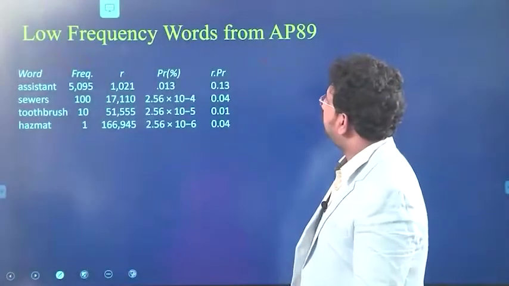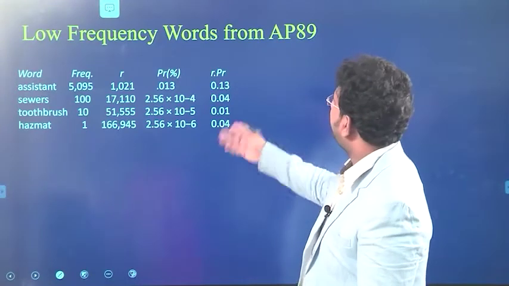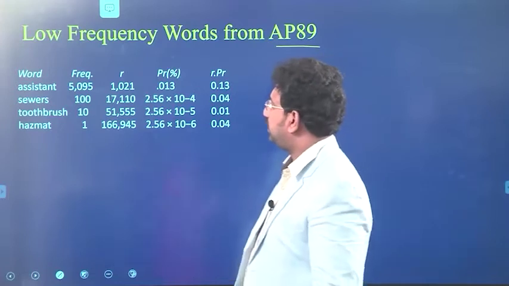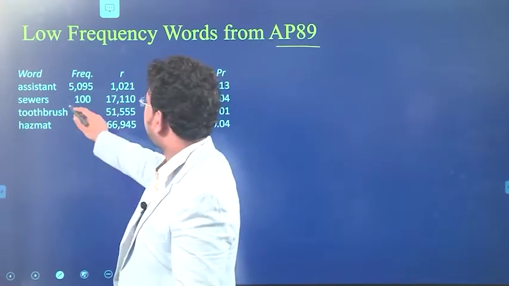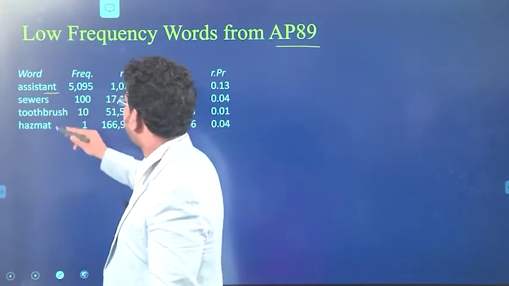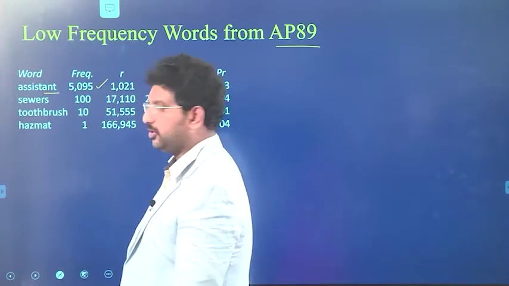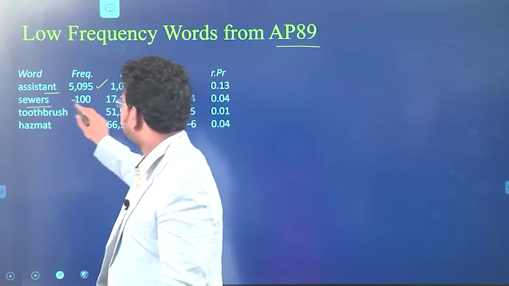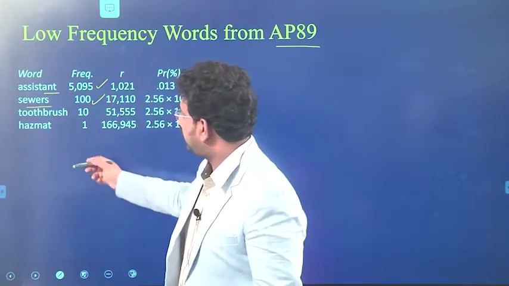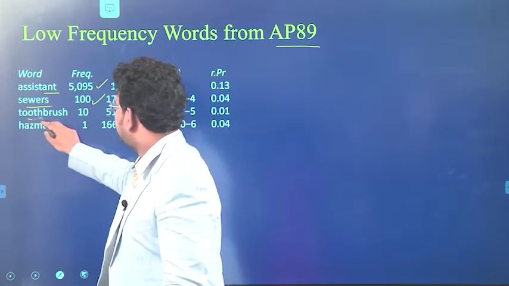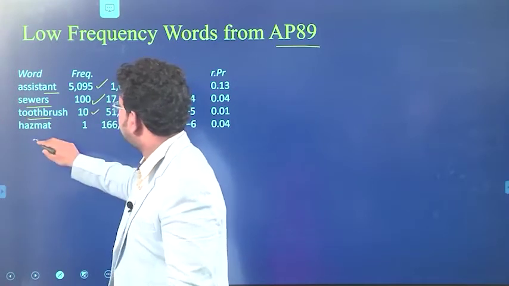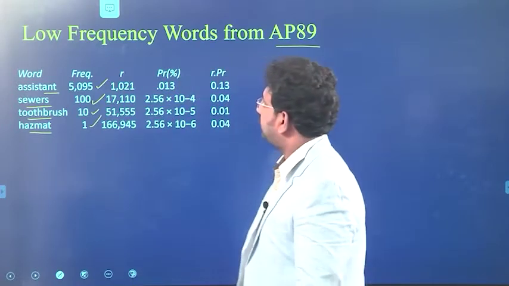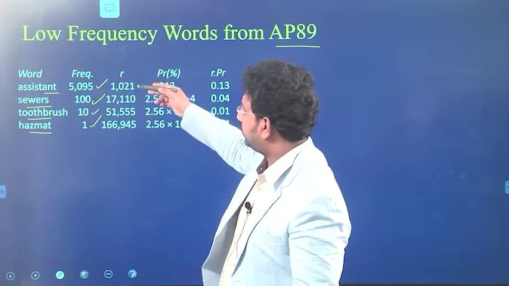In this slide, we are going to understand low frequency words from the AP 89 collection. So if you observe here, there is a word assistant, and it is having the frequency of 5000 around, and there is a word sewers, which is having the frequency 100, and toothbrush, it is having the frequency 10, and harmath, there is one word, and the rank is obviously increasing.